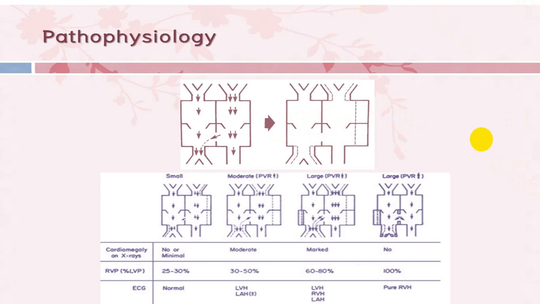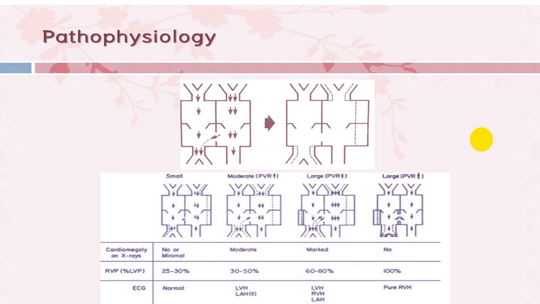Later on, person can also develop clubbing. You will have a chance of development of a paradoxical embolization, blood clot or infective endocarditis emboli can go from right side into the left side and can produce systemic embolization. Because of RV pressure elevation, RA pressure is elevated and you will have increased pressure in superior vena cava and inferior vena cava, leading to symptoms and signs of congestive heart failure.